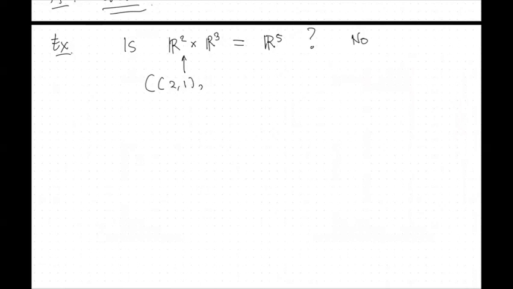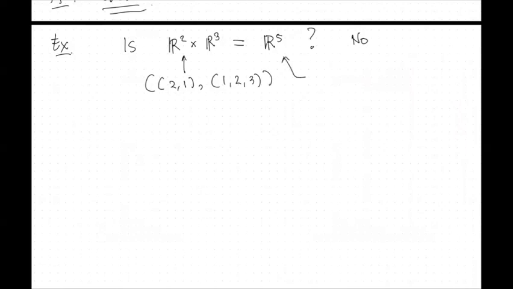Look at this example. This example will give us a nice theorem. So is R2 cross R3 equal to R5? The answer is no, because what is an element of this? An element of this is just (1, 1) and then here (1, 2, 3).